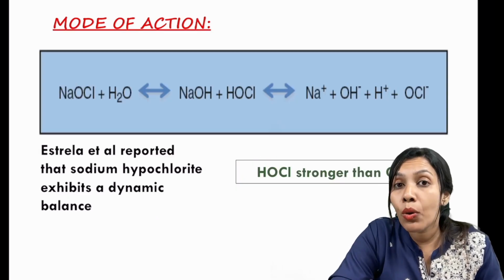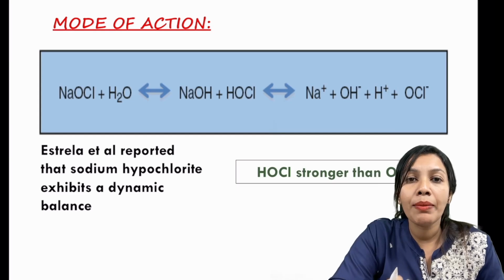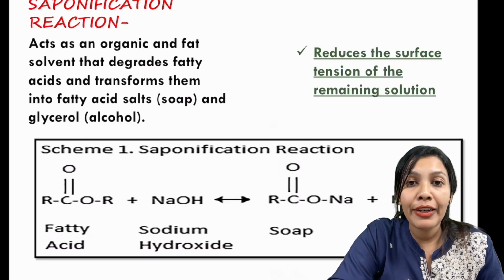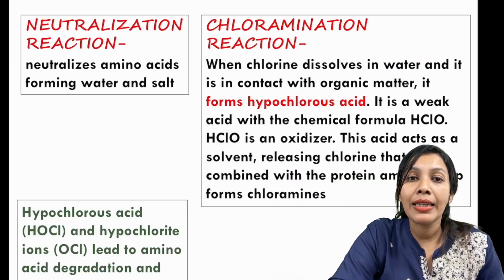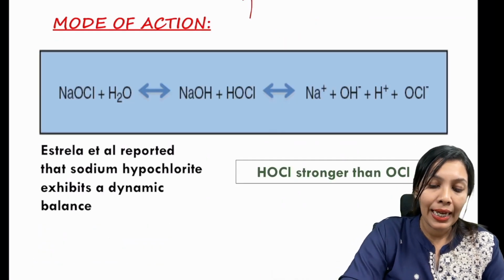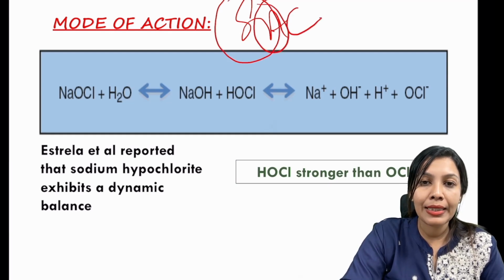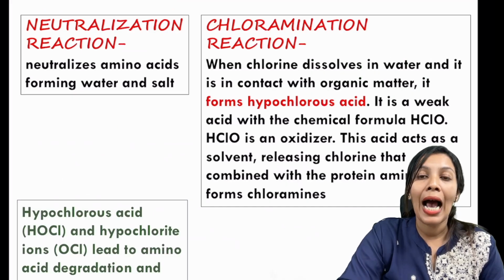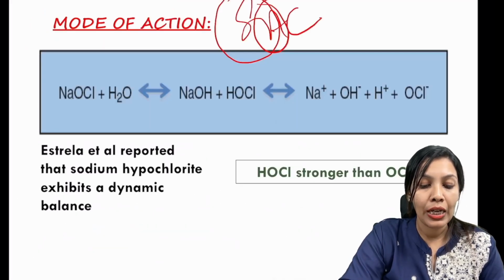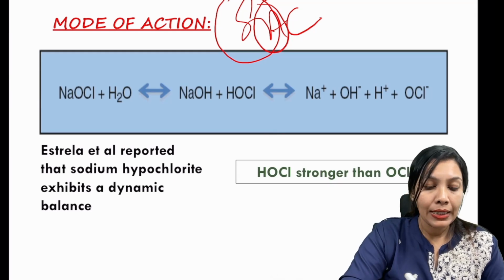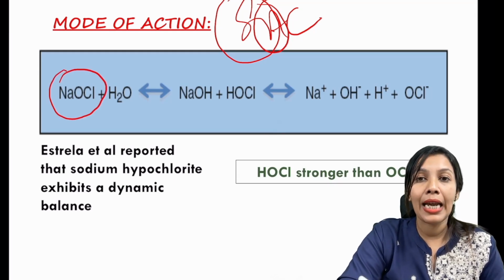So what is the mode of action? Three important reactions shown by sodium hypochlorite are saponification reaction, amino acid neutralization, and chloramination reaction. That is SAC. This is sodium hypochlorite, NaOCl.